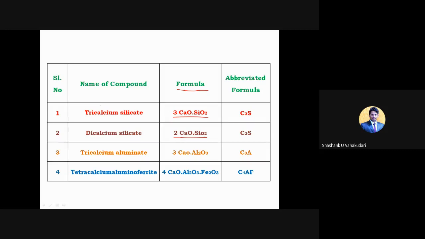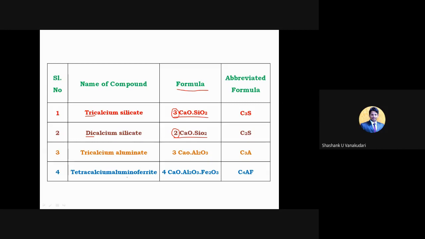As the name indicates, tricalcium and dicalcium, these numbers come in. For tricalcium it comes as 3, and for dicalcium it comes as 2. And the remaining part, calcium silicate, is given in the form of CaO·SiO2.